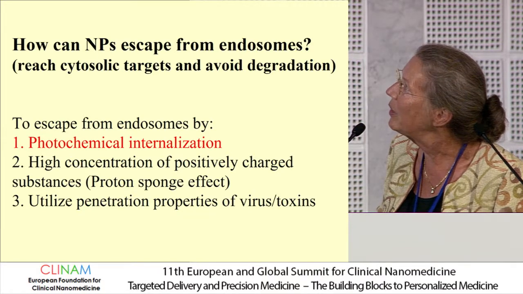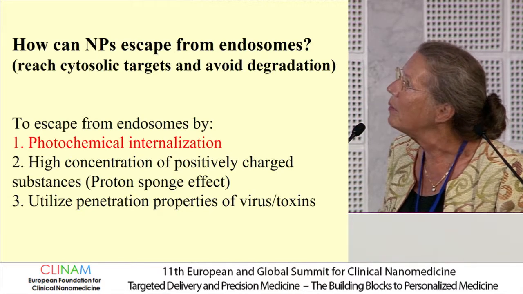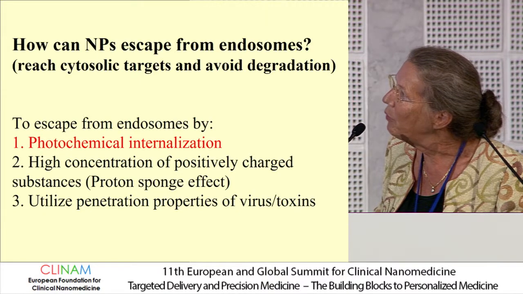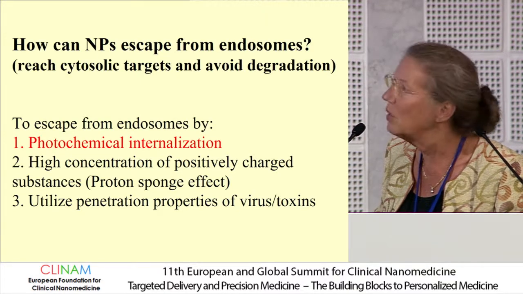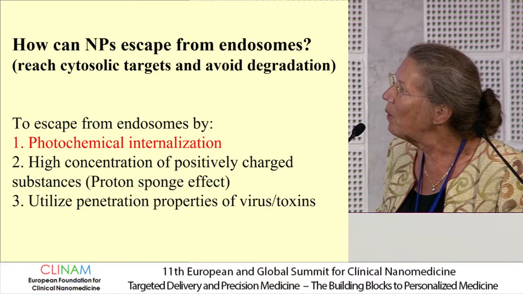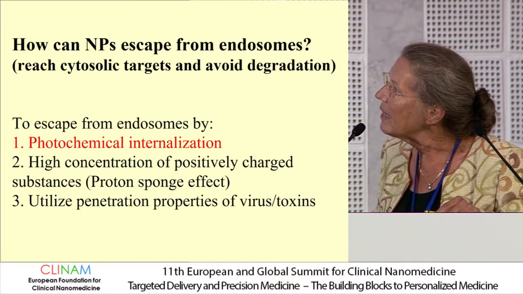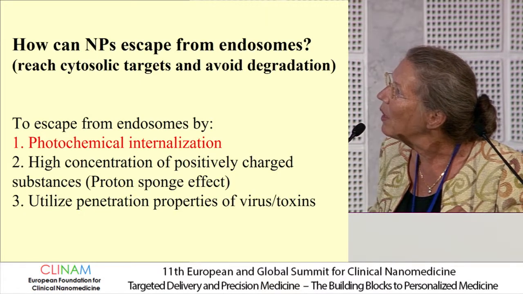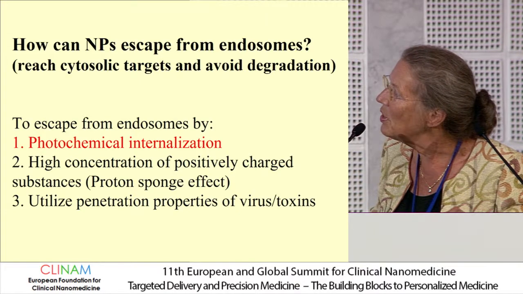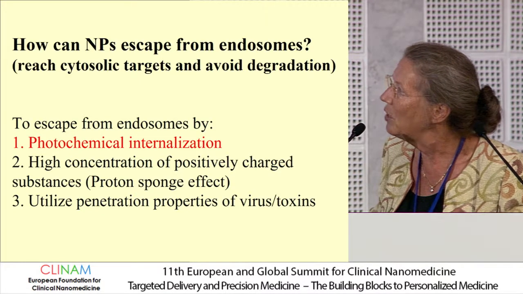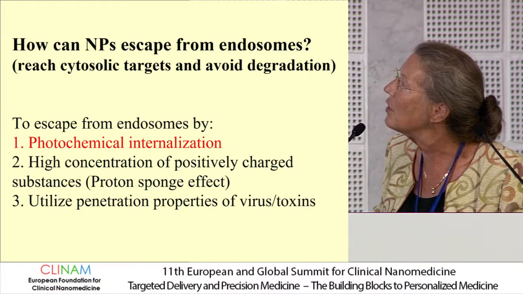How can that happen in case one wants that to happen? They can escape by photochemical internalization, which I will mention, and it has been published that one can get escape from endosomes with positively charged substances, or one can utilize penetration properties of virus and toxins.